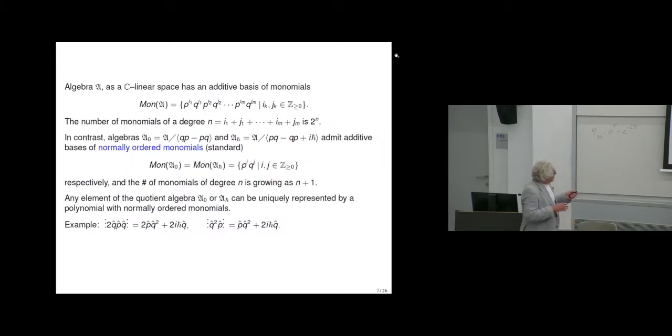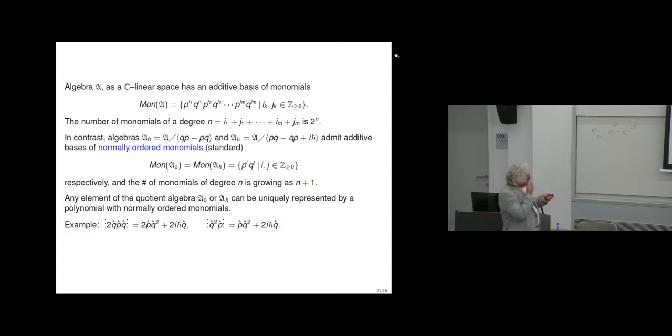Now, what's the main difference between the free algebra, which I try to work with, and the commutative and quantum cases in the standard approach? The free algebra grows very fast, because every word in P and Q will be different. If you fix the power n, the number of independent monomials grows like 2 to the power n, easy to compute.